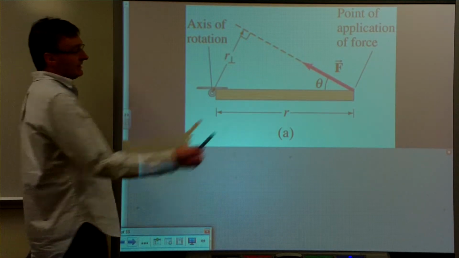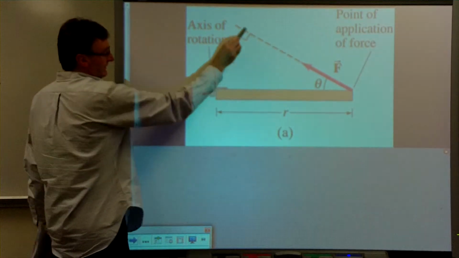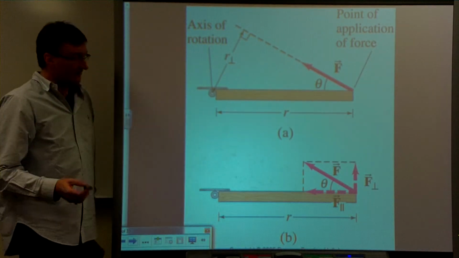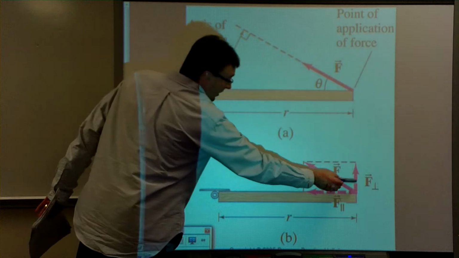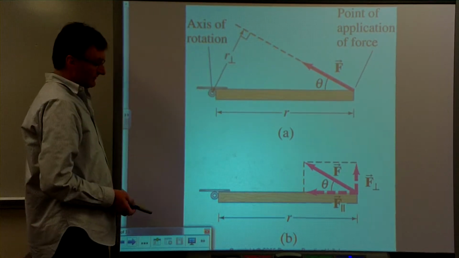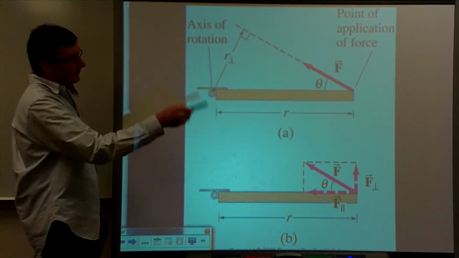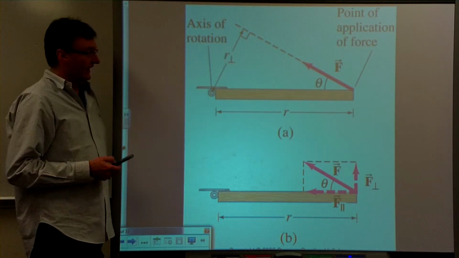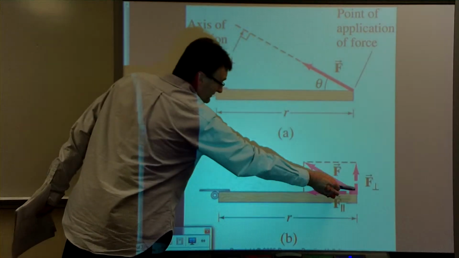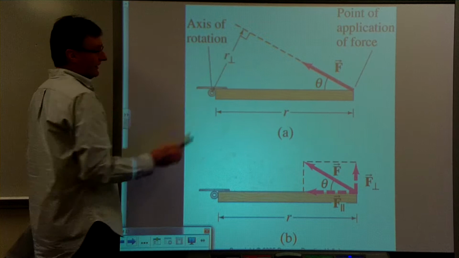If here is where our force is being applied, we can either use the perpendicular distance like this, or we can use the component of the force that's perpendicular to the hinge point, or the pivot point, I should say. Either way works. In some cases, it's better to use the component of the force, and in other examples, it's better to use the perpendicular distance.